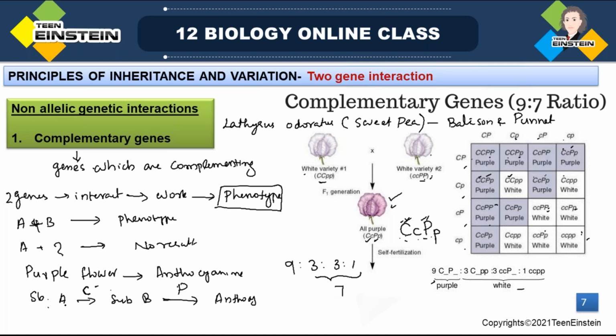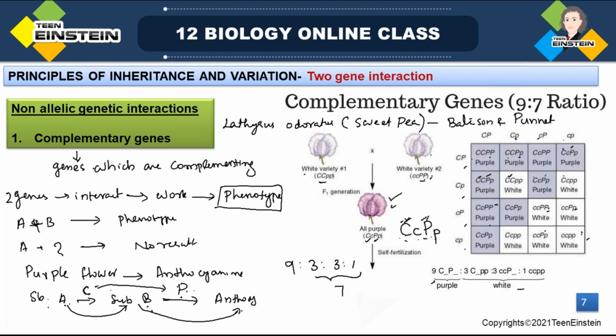First from A, substrate B is forming with the help of C gene. Then from this B substrate, anthocyanin is forming with the help of gene P. Here these genes are interacting. First interaction is from substrate A to substrate B with the help of C gene. Then this B product is forming anthocyanin with the help of another gene.